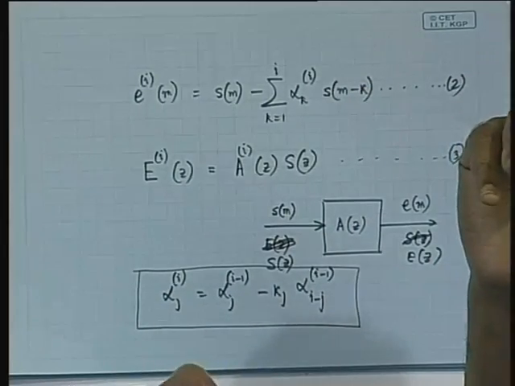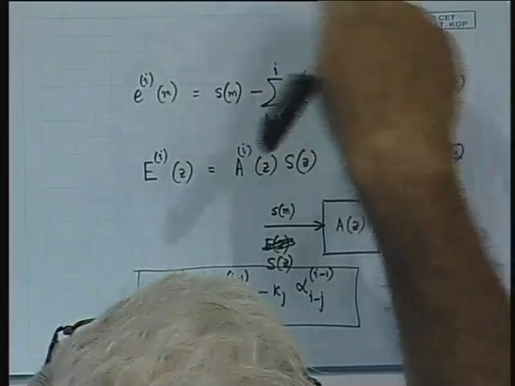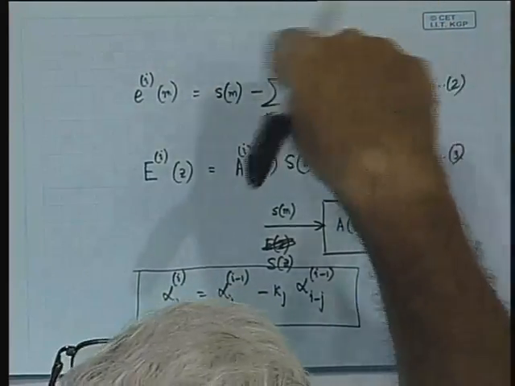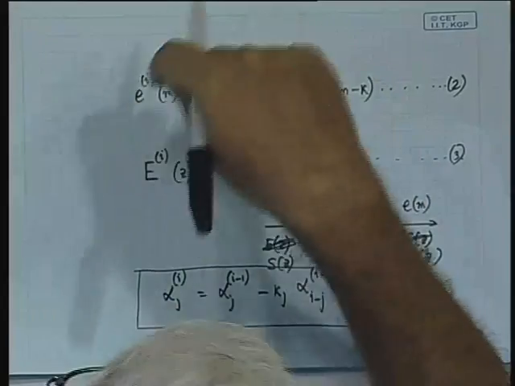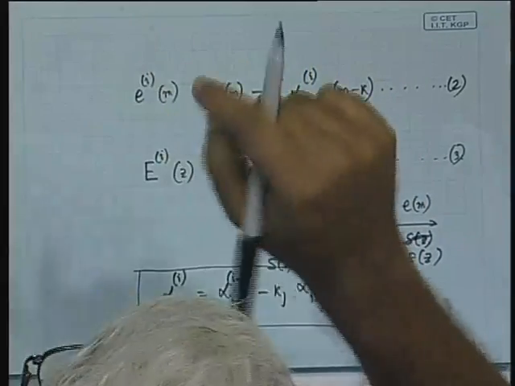We are taking the past samples to predict s(m), using the i past samples to predict s(m) and in that process generating a forward prediction error e_i(m).